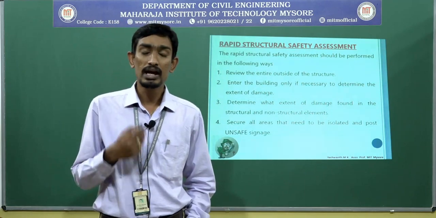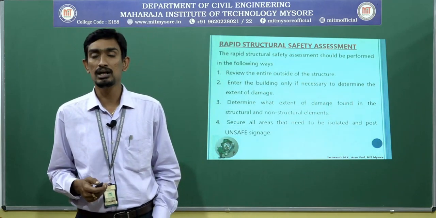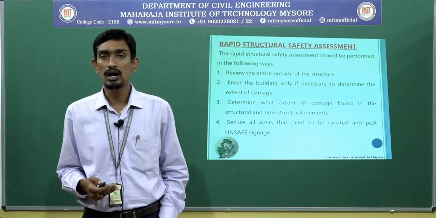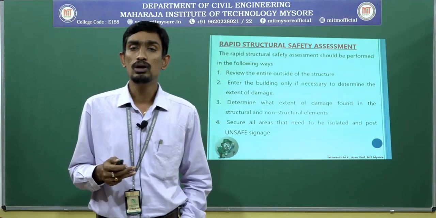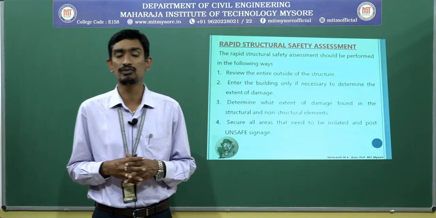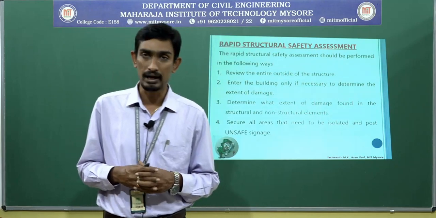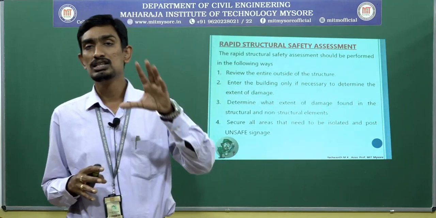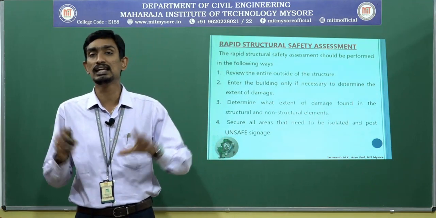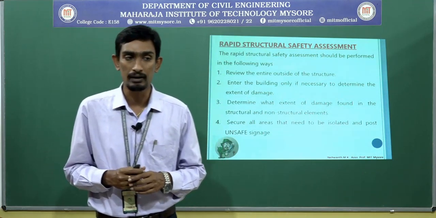Why do I need to go for a rapid assessment, or why do you need to take an immediate step? Because when I inspect the building, some portions of it will not be safe to occupy. Those particular spaces or areas I need to isolate by posting a sign saying unsafe to occupy.